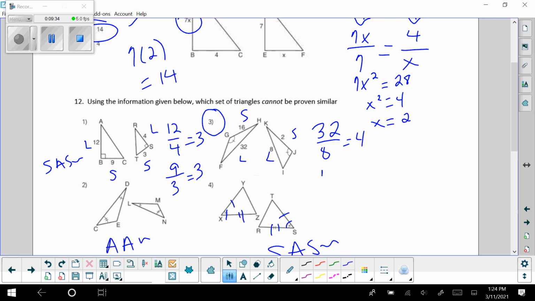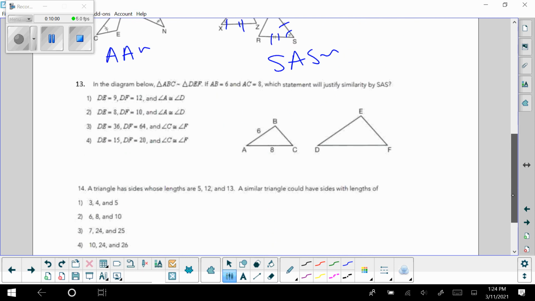Then if you do 16/2, that's going to give you 8. 4 and 8 are not the same. You can stop right here. That tells you the ratio of the sides is not reduced down to the same fraction. So number 3 is the set of triangles that cannot be proven similar.